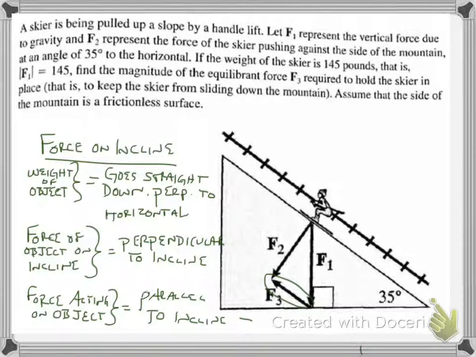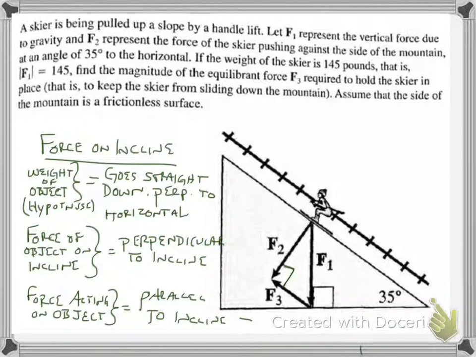And these three do form a right triangle. This is my right angle. The F1 is my hypotenuse then, and I'm going to go ahead and write that here. The weight is going to be my hypotenuse.